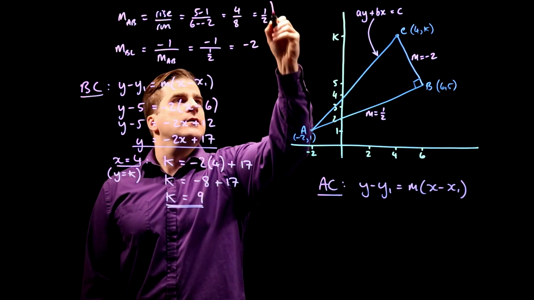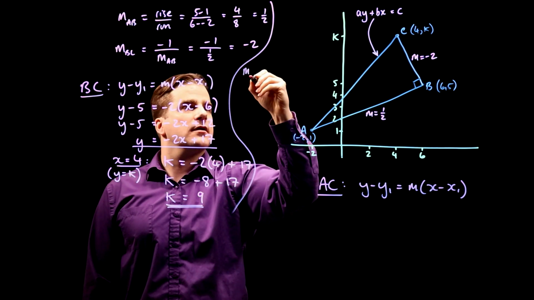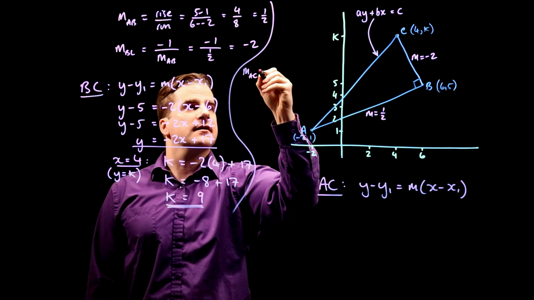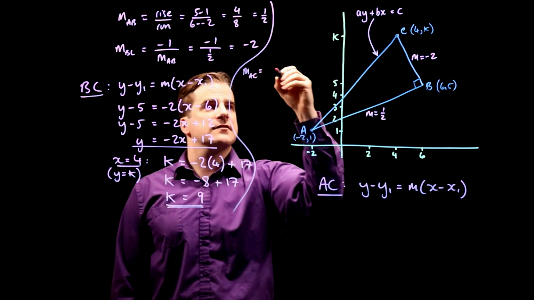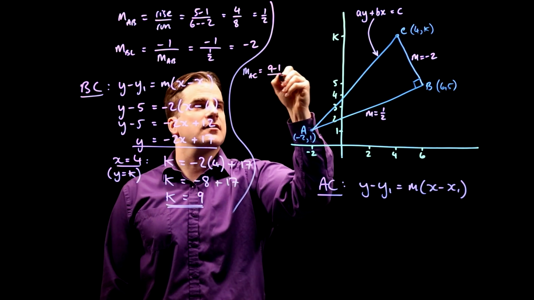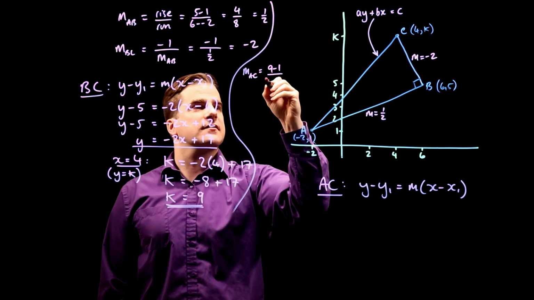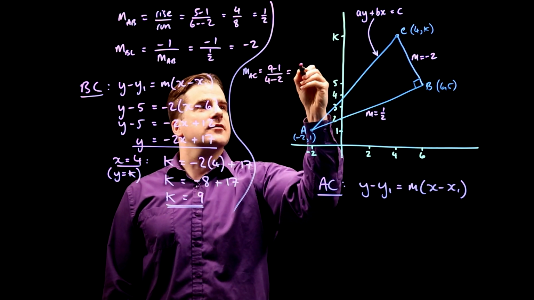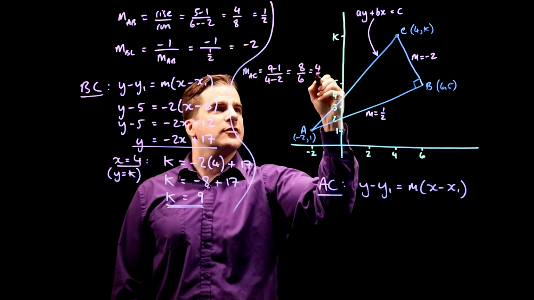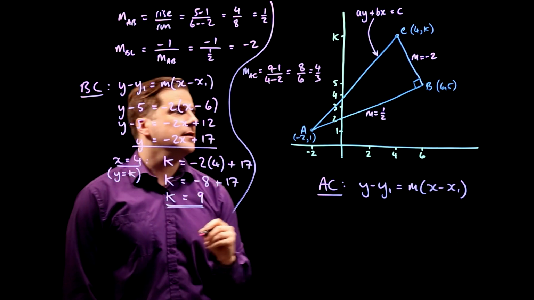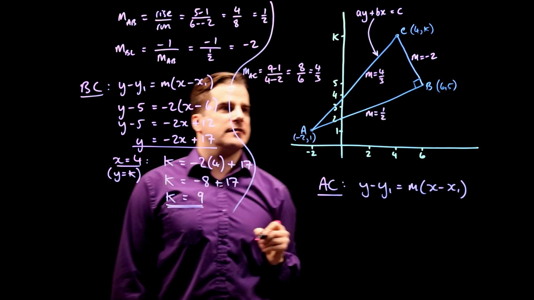Here. The gradient of AC is the rise over the run. The rise is, it goes from 1 to k, which is 9, so that's 8. 9 minus 1 is the rise. The run, it goes from -2 to 4, so that's 4 minus -2, which is 8 over 6, which is 4/3. Okay, so the gradient is 4/3.